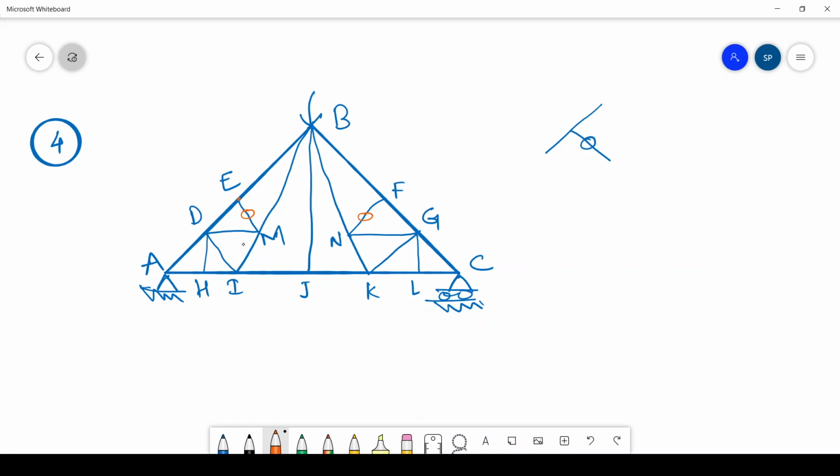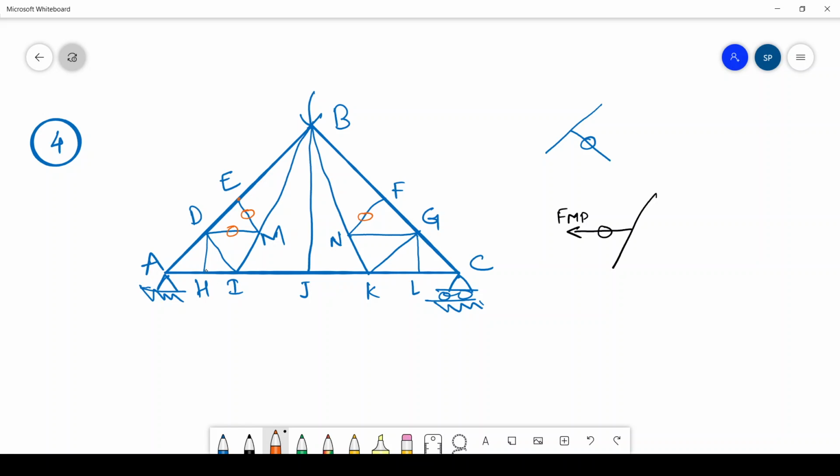Now when I move to joint M, this EM has already become 0 and there is only one member again. So force along this member will be 0. So this becomes a zero force member.